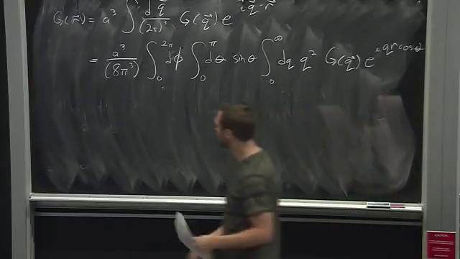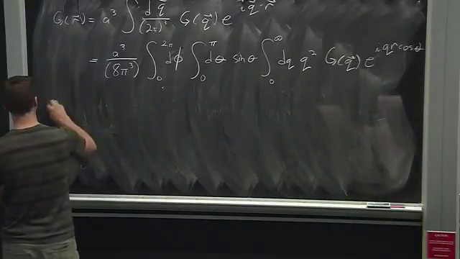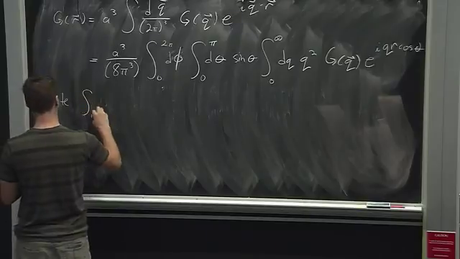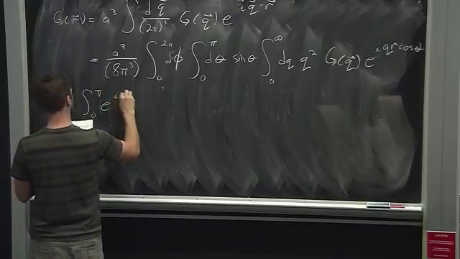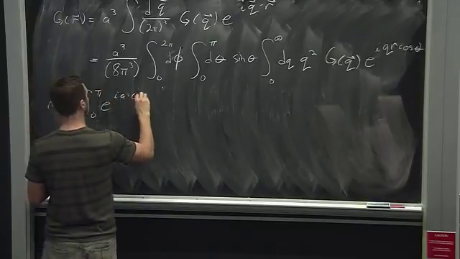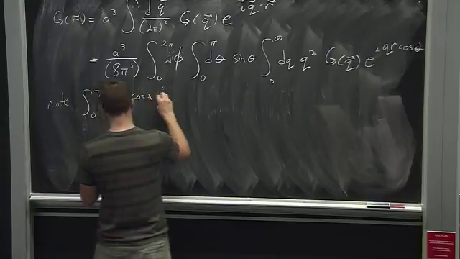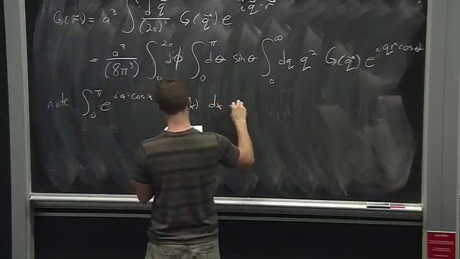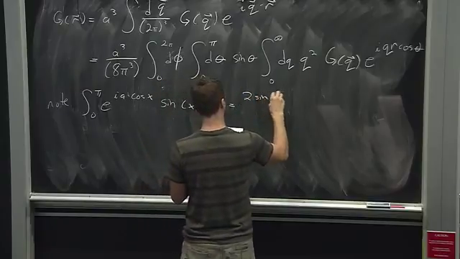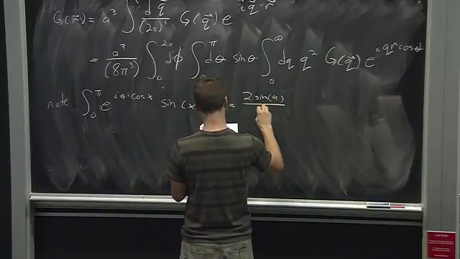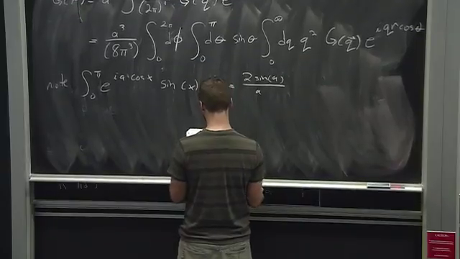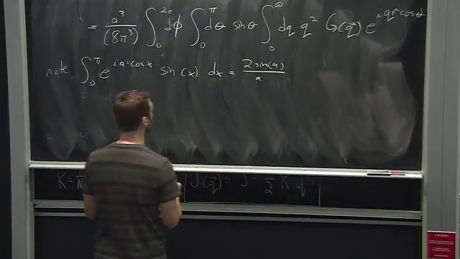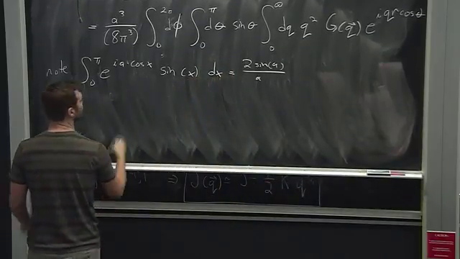So we need an integral of e to the i a cos x, let me call it sine x, that theta integral can be done.